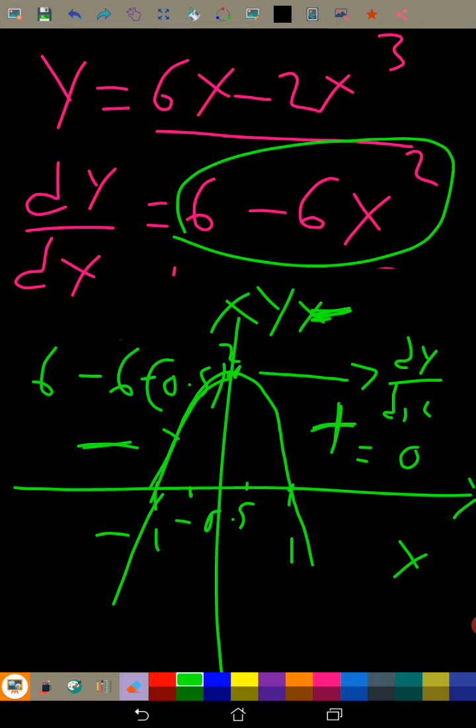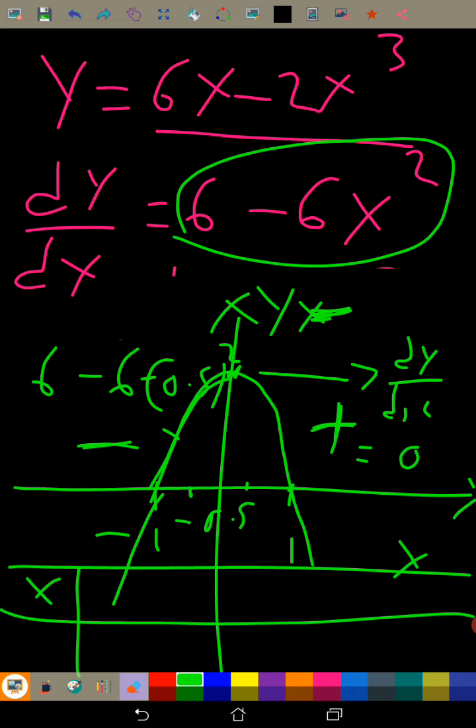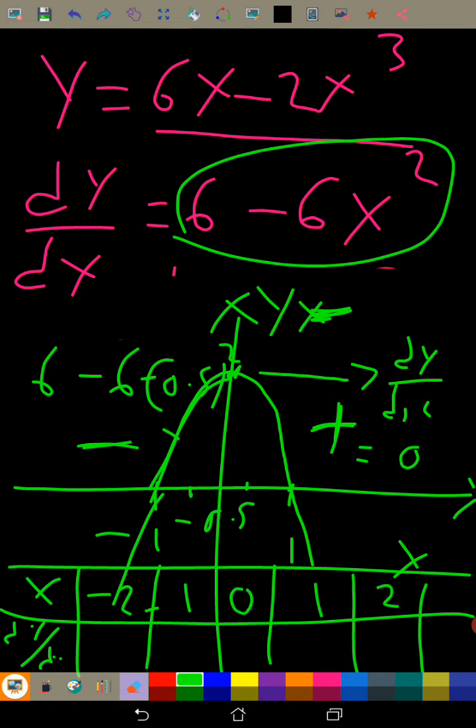So you can also make a table for it. You can put values of x here, values of dy by dx here. So you have many values, for example, minus 2, minus 1, 0, 1, 2, and so on. So you will see that it's going to change.